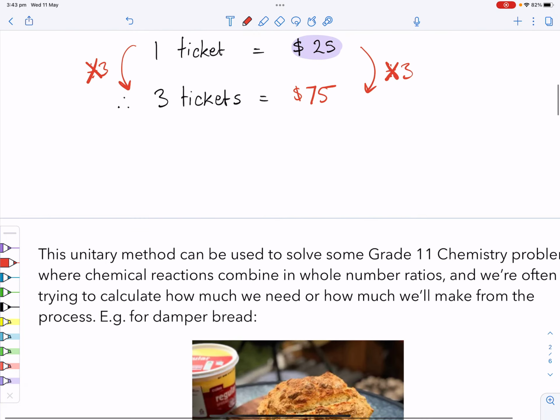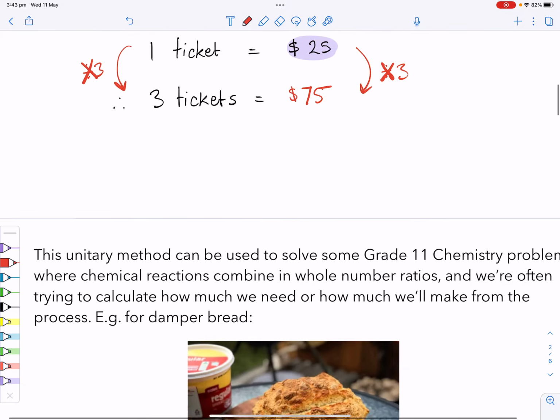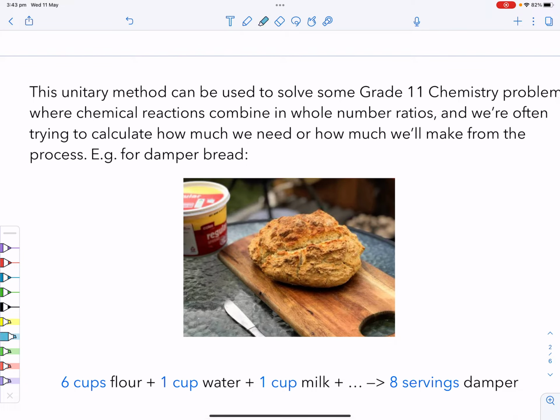So let's try a bunch. I did allude earlier that I have seen and used this method before with some senior students for chemistry class. We were dealing with chemical reactions, and it sounds fancy, but a lot of chemistry is just understanding the recipes. We call them a chemical equation, but think of them as a recipe.